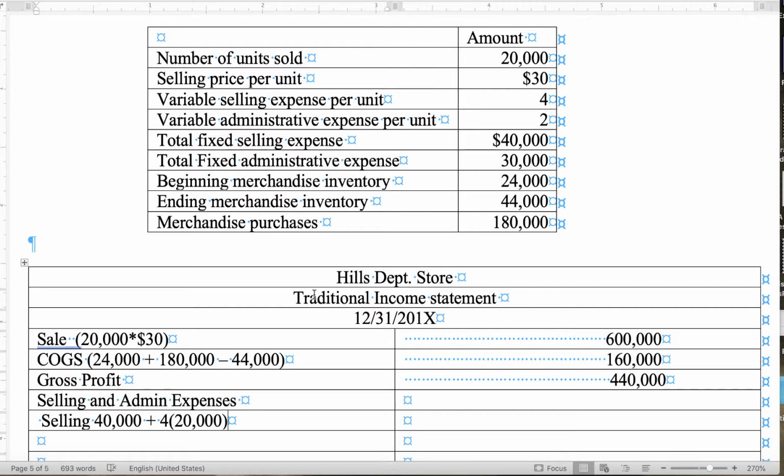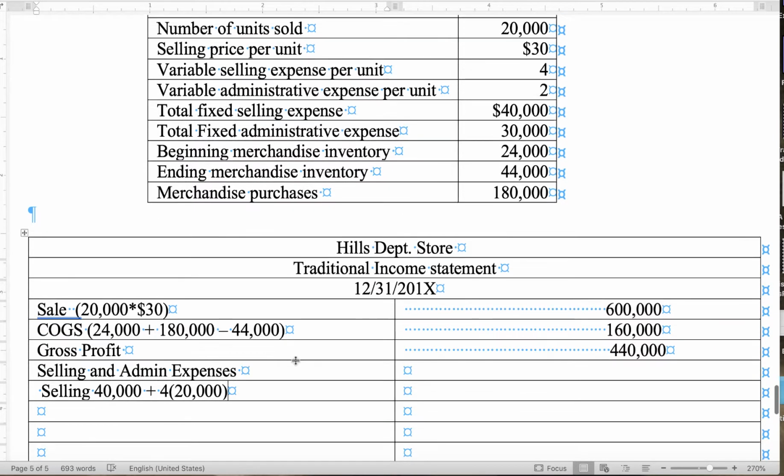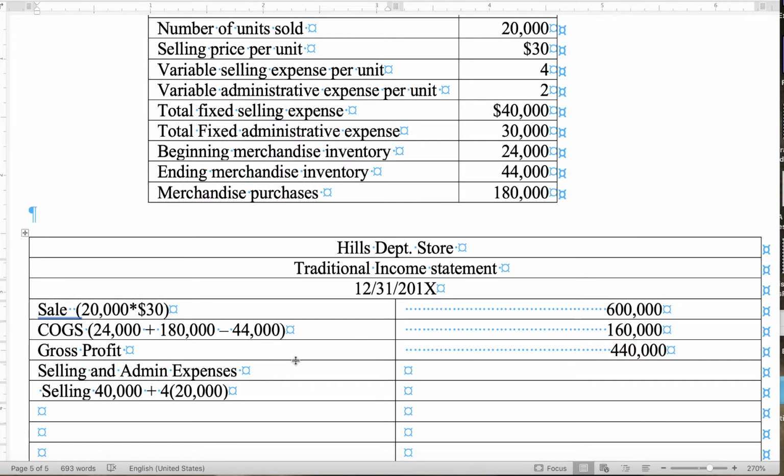Right? Where did I get that? Well, they say variable selling and administrative is $4 per unit. I sold 20,000 units. So that must mean the variable portion, just of selling and administrative, is $80,000, plus the fixed portion, which is 40,000, right? Ends up giving me $120,000.